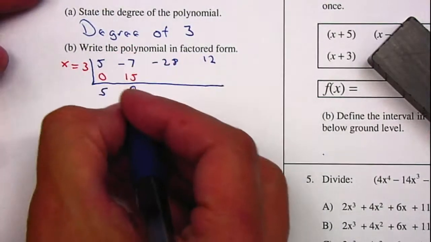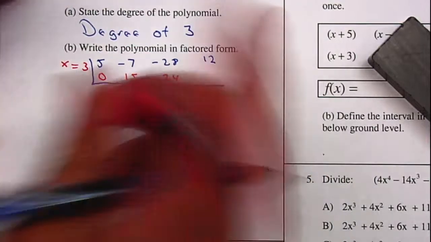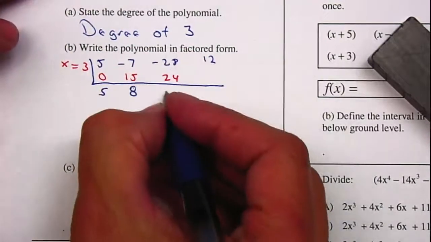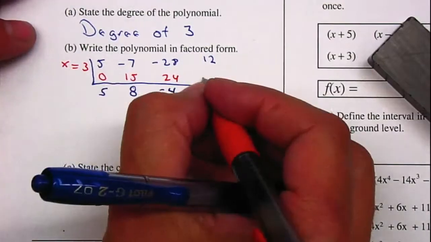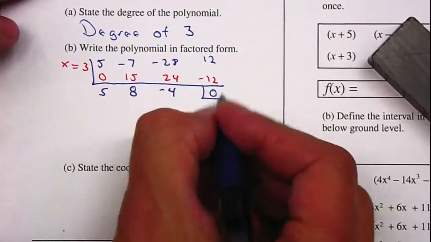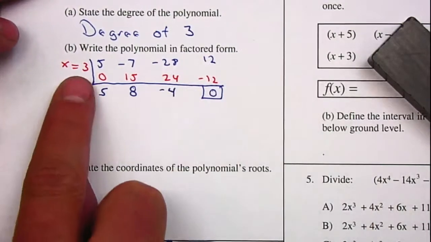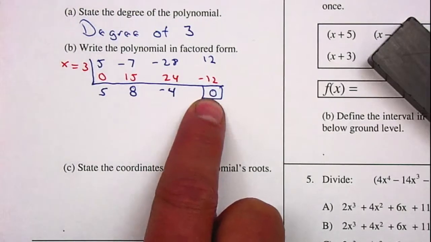We add. 3 times 8 is 24. We add. 3 times negative 4 is negative 12. We add. And just like we wanted, since this is a root, our remainder should be 0.